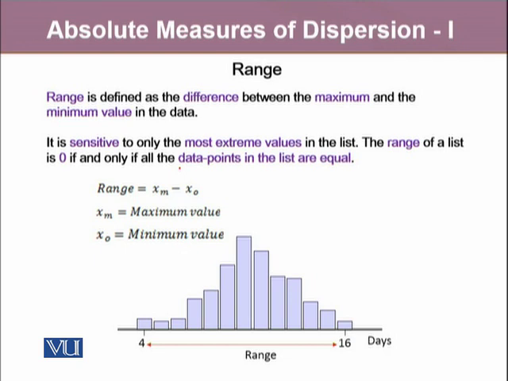Range is generally denoted by the difference xm minus x0, where xm denotes the maximum value and x0 denotes the minimum value. Over here in this bar graph, we can see that our data has spread out from 4 to 16. So this whole red line marks the overall range of our data.